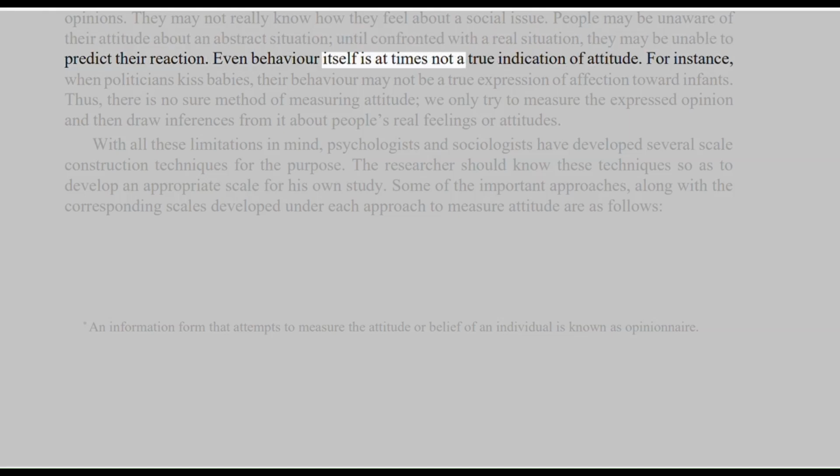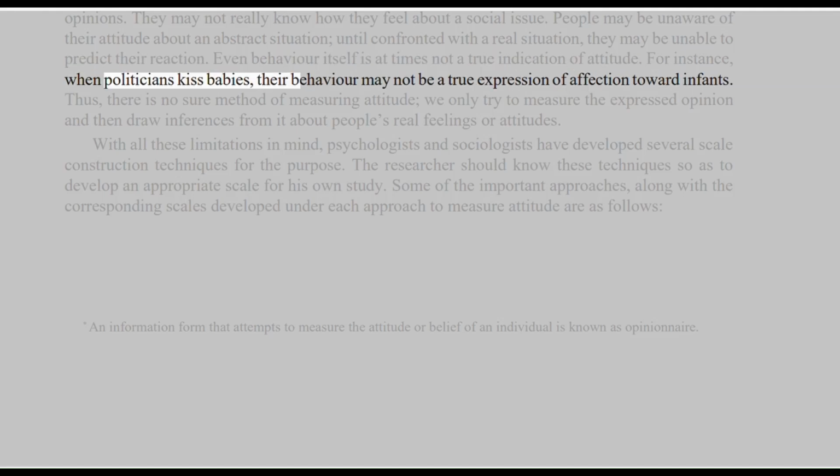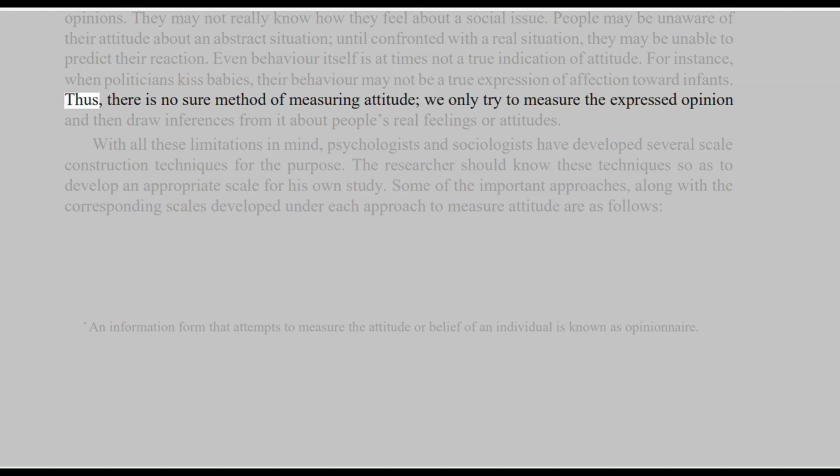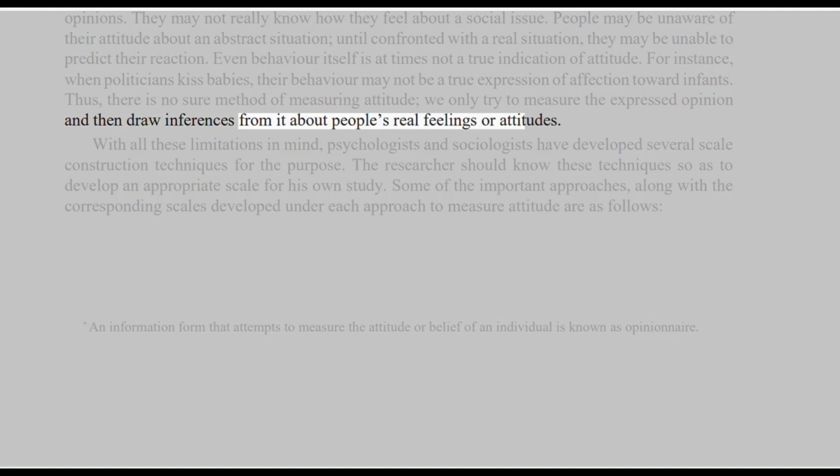Even behavior itself is at times not a true indication of attitude. For instance, when politicians kiss babies, their behavior may not be a true expression of affection toward infants. Thus, there is no sure method of measuring attitude. We only try to measure the expressed opinion and then draw inferences from it about people's real feelings or attitudes.